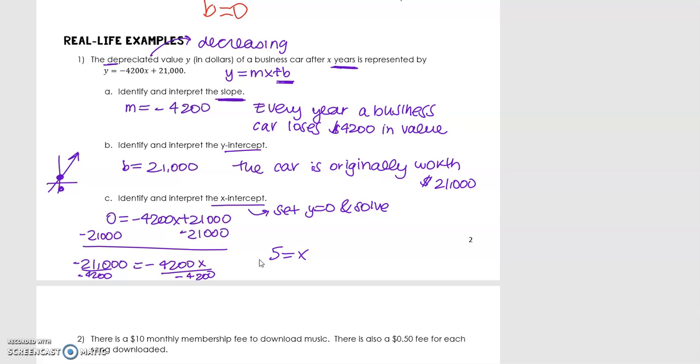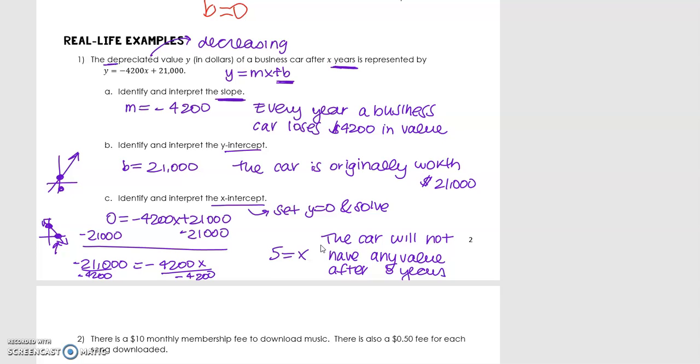And what that means, if you think about a graph, putting all of this together, the slope is negative, it's going downhill. Here's your y-intercept. Here's your x-intercept. It says the car will not have any value after 5 years.